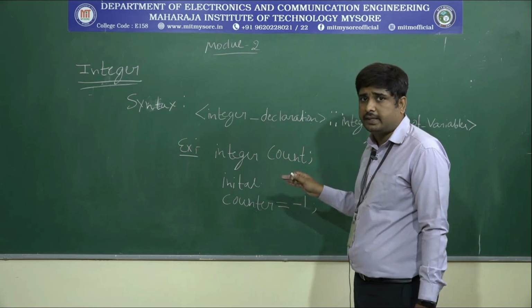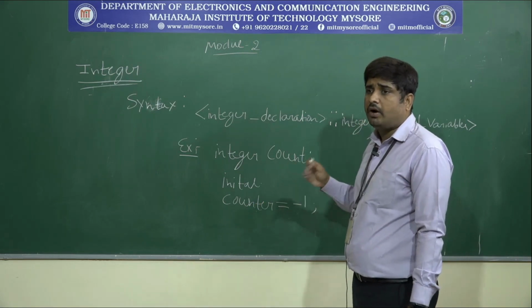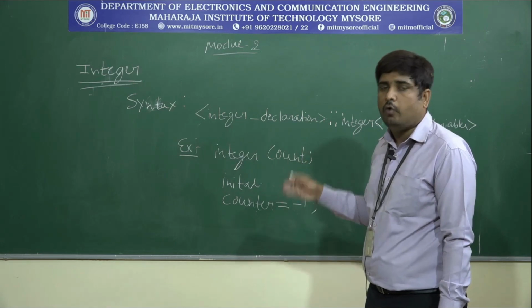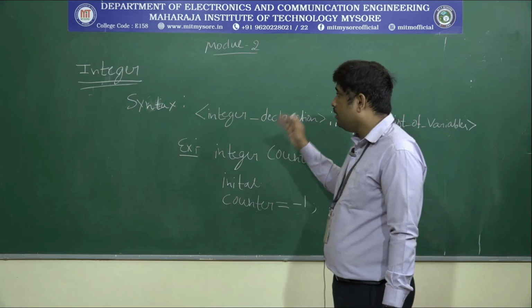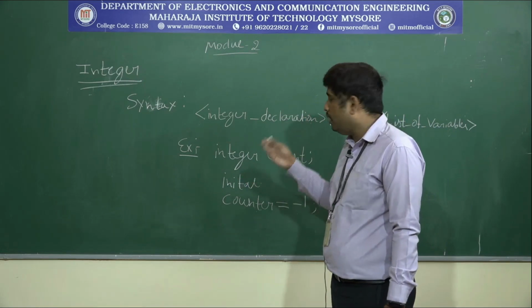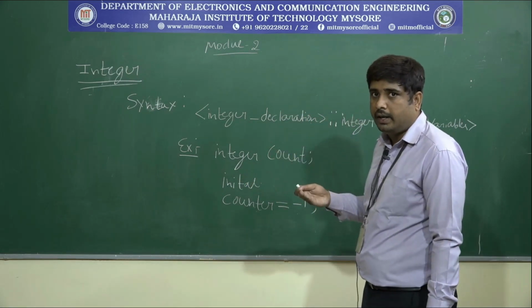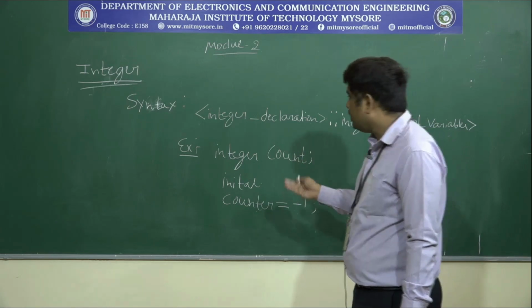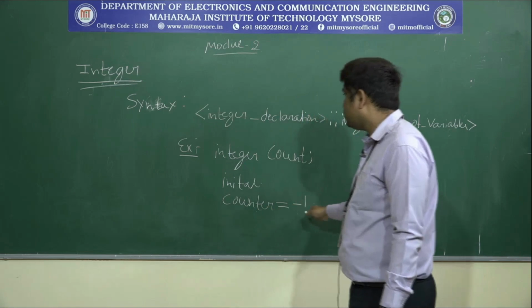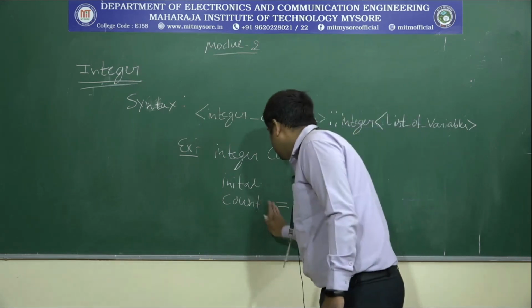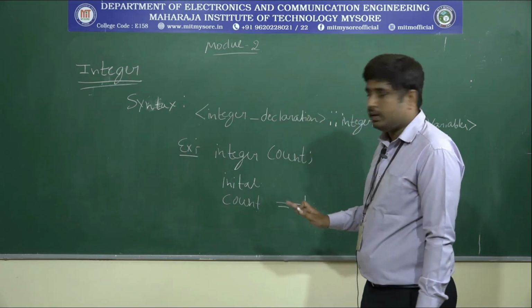That is the wrong syntax. Why? Because we can't mention a negative value with respect to a register. So when you have to mention a negative value, there is no other possibility but to use an integer. So that's why here we use integer count, initial count is equal to -1.